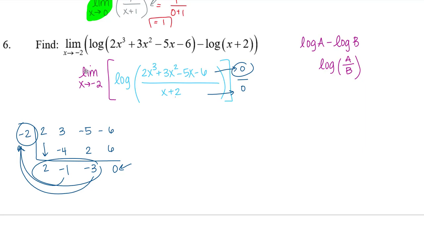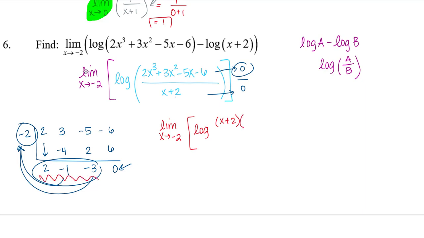So I'm going to rewrite this whole thing here. So I have limit. Again, you don't really have calculus if you don't have the limit. We've technically done the other part, all this blue part, in your algebra course. So I have log of, in my numerator, the first factor will be that x minus -2, or x plus 2.